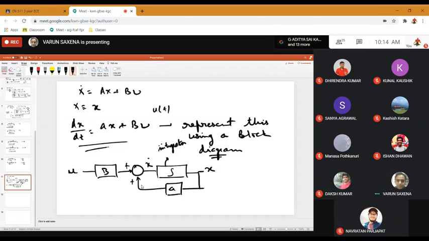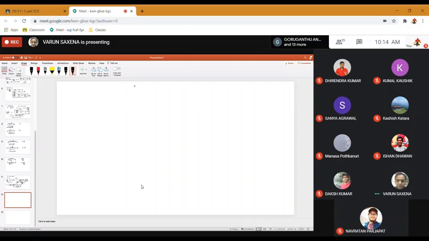Now, suppose I say you have dx by dt is equal to ax plus bu, and y is equal to cx plus du. Make one block diagram for both these things.